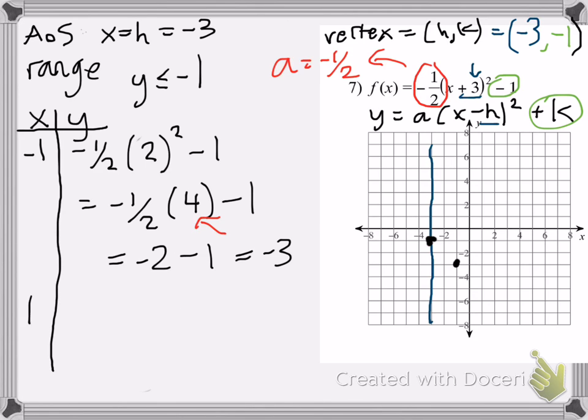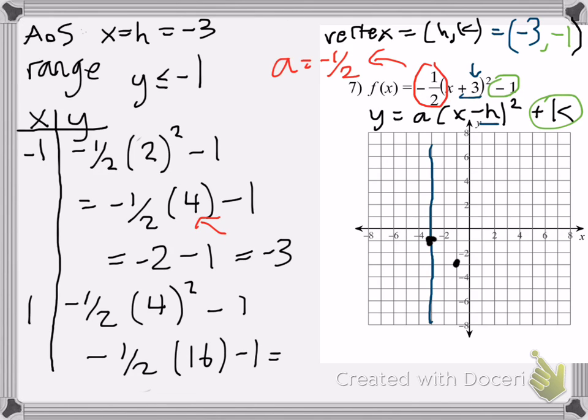So if I plug in x equals 1, then I'll get -1/2 times 4 on the inside there. 4 squared minus 1. So this is going to be -1/2 times 16 minus 1 equals -8 minus 1 equals -9.